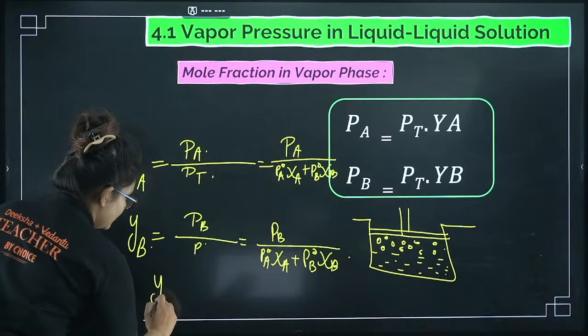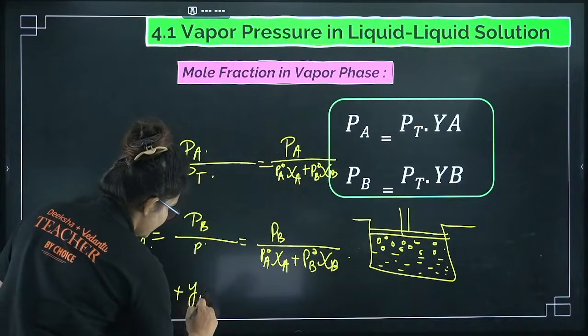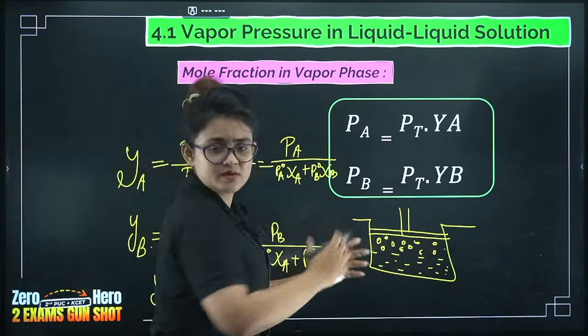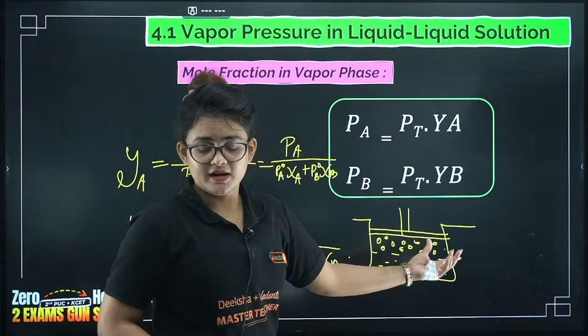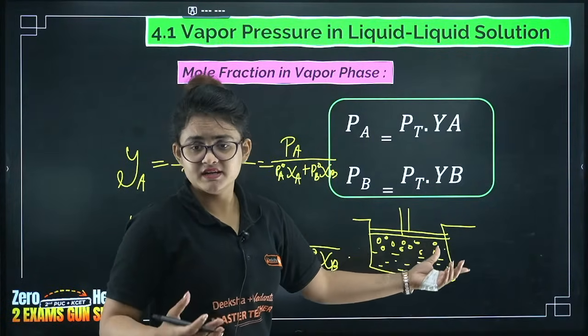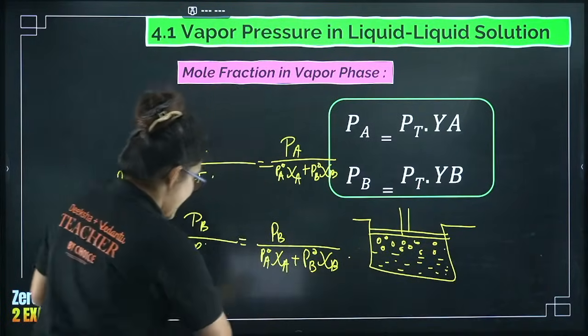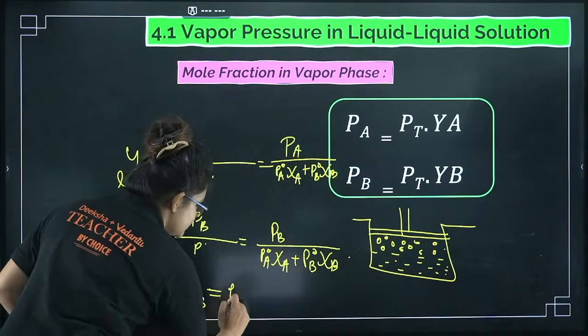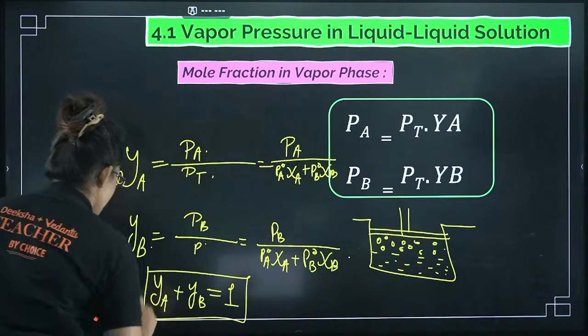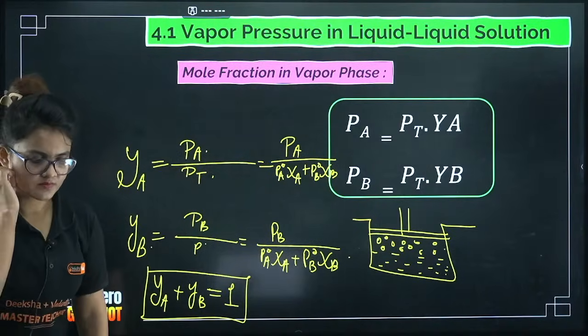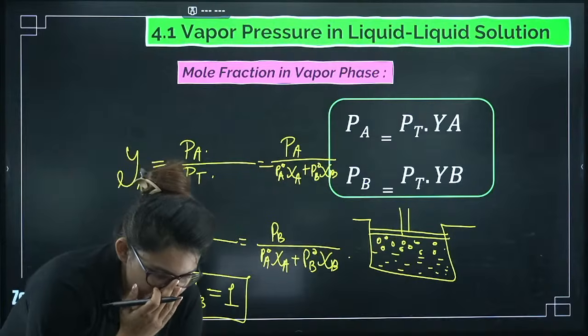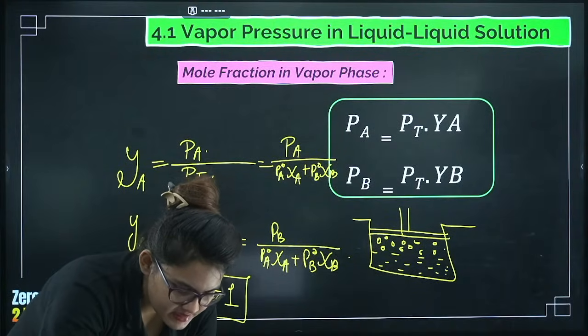Always remember YA plus YB, whatever the components, maybe you are having more than 2 volatile liquids, it's not a binary solution anymore, in that case also you can add them and you will get the summation as 1, like the mole fraction. Okay, I guess it's clear.